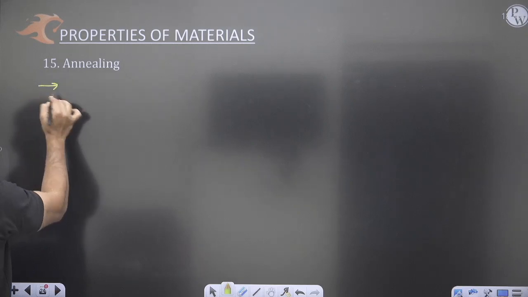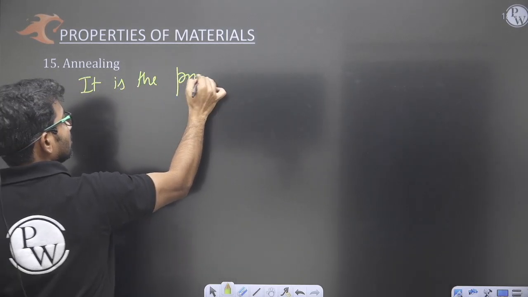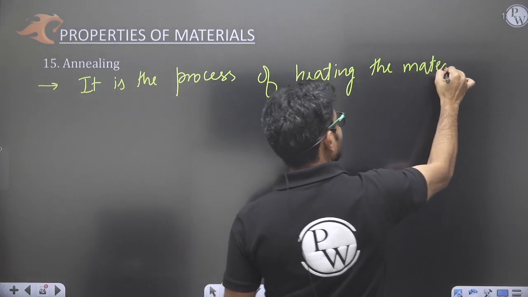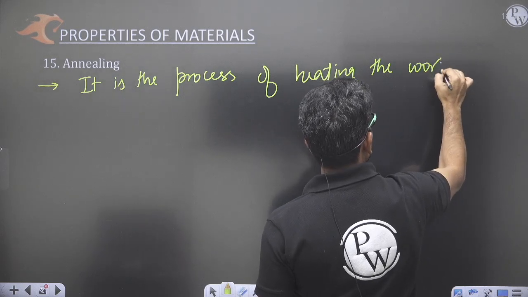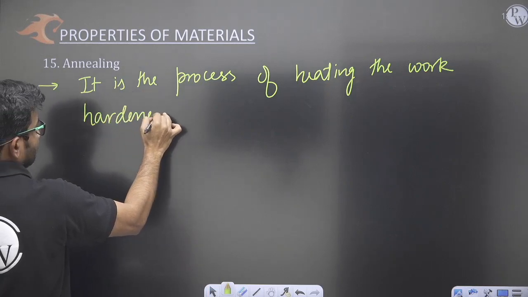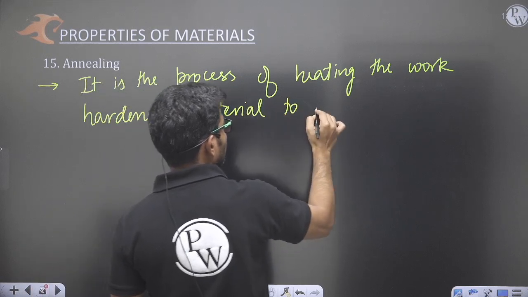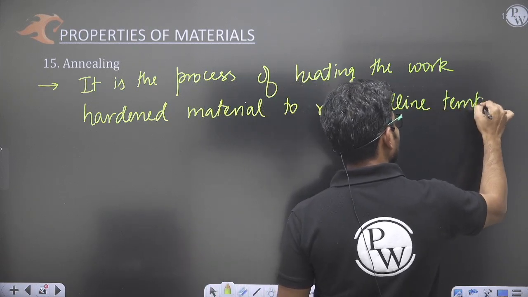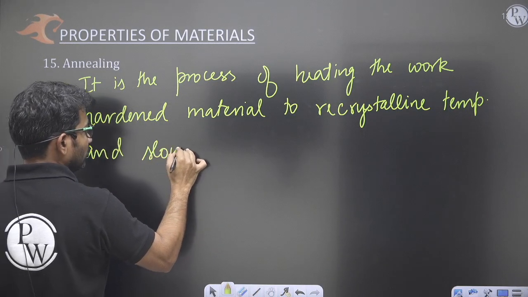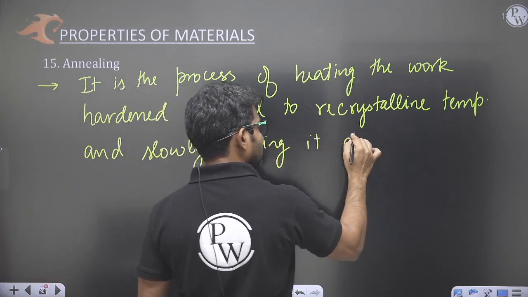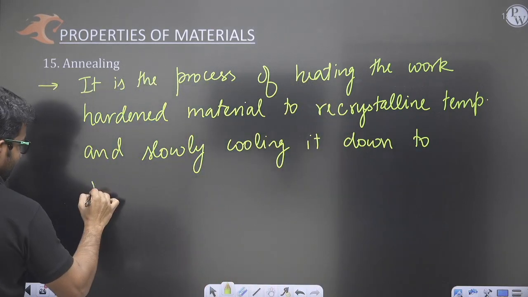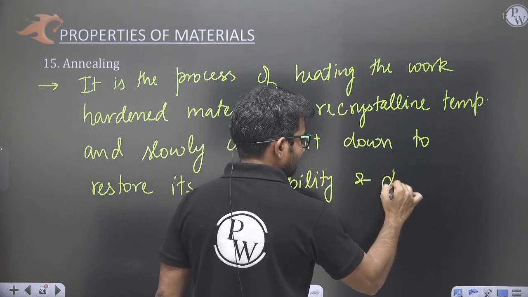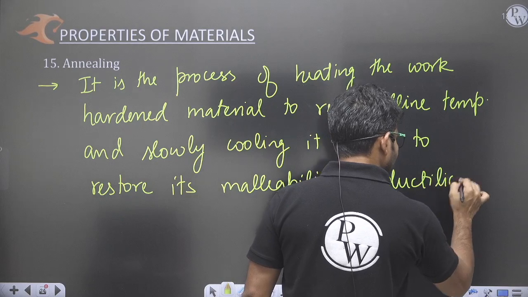So annealing is the process of heating the work hardened material to recrystalline temperature and slowly cooling it down to restore its malleability and ductility.